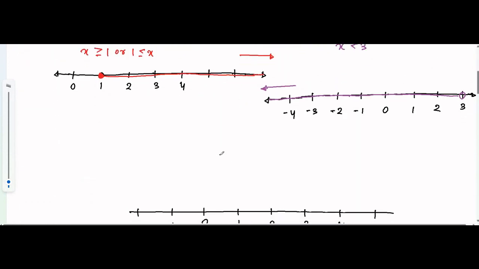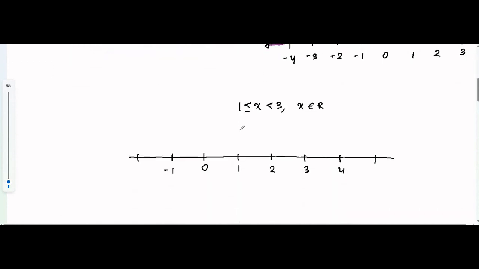So 1 lesser than or equal to x lesser than 3, with x belonging to R. For this 1 lesser than or equal to x, it is part of the solution, so we will highlight it with a darkened circle, okay.